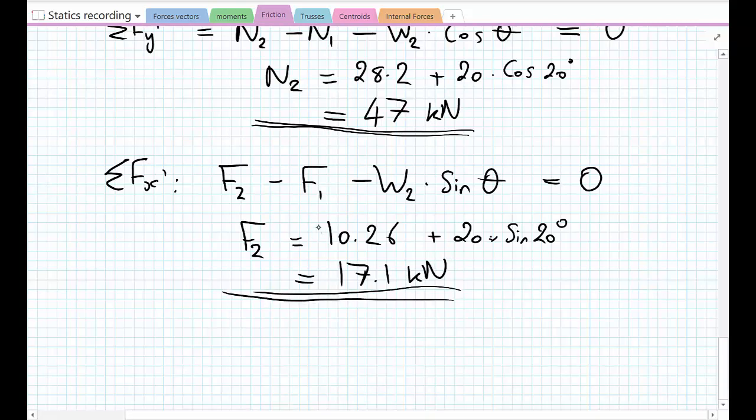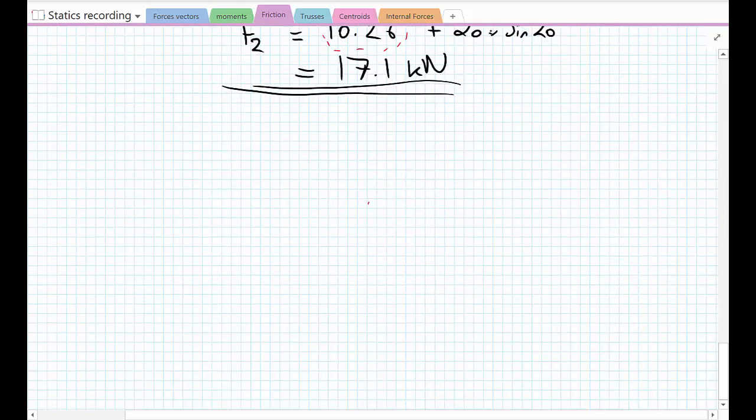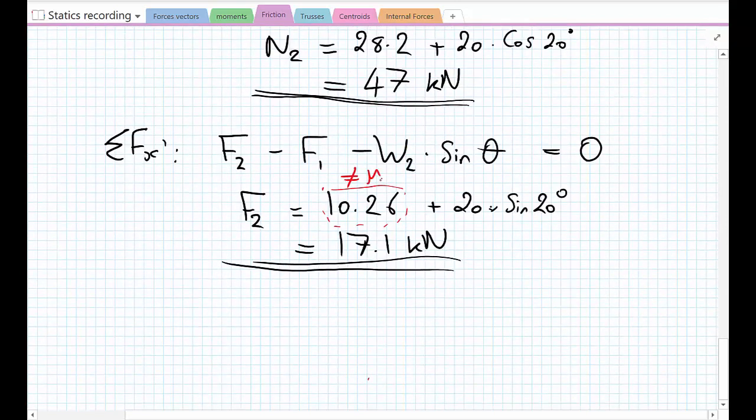And let's just remind ourselves that this 10.26 that we calculated was not equal to mu1 N1, because we weren't at the limiting friction case.